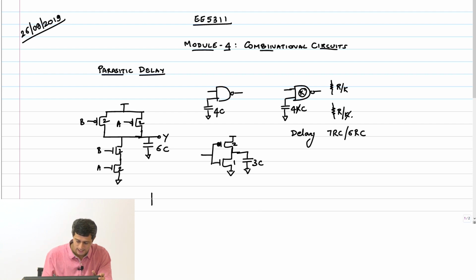So the parasitic delay P will simply be 6C by 3C. Basically the R is the same. The gate has been sized so that the R is effectively the same. That's how we started. Therefore I am leaving that R out automatically, and you are going to get the normalized delay as 2.